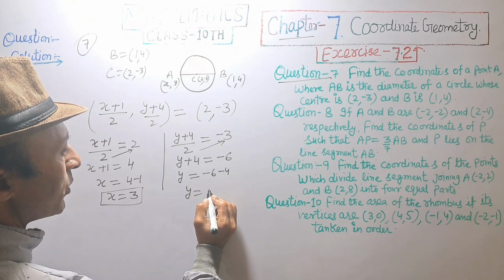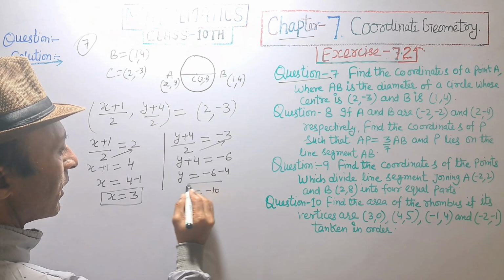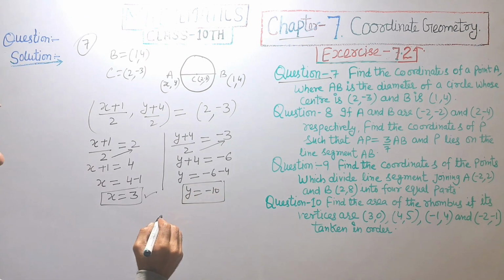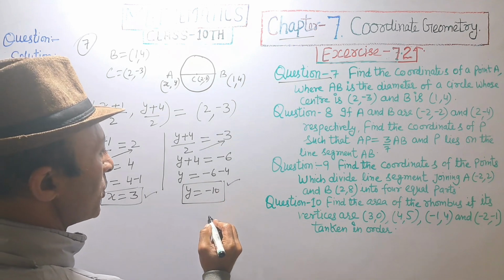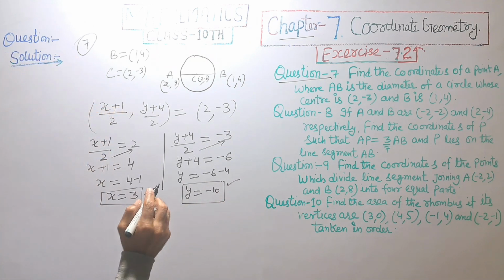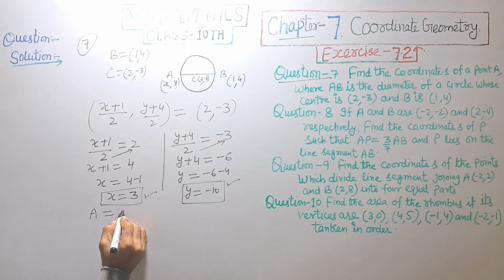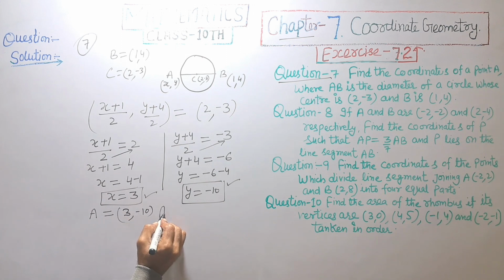So y is equal to -10. x is equal to 3 and y is equal to -10. So A is equal to (3, -10). Answer.